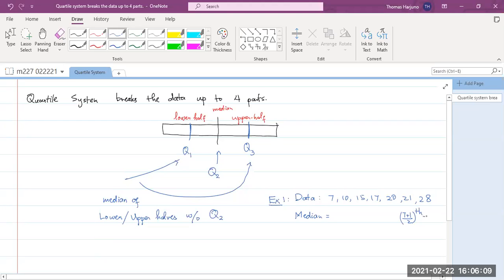That's data number 4. The fourth data is the median. Okay, so the median is 17. Now then, the lower half will be all the numbers before that median, and upper half will be all the numbers after that median.